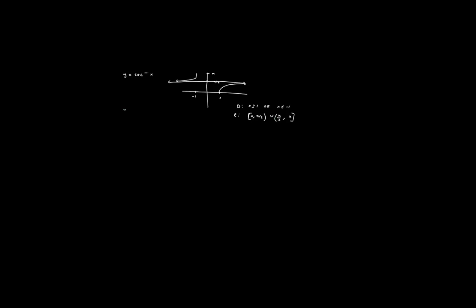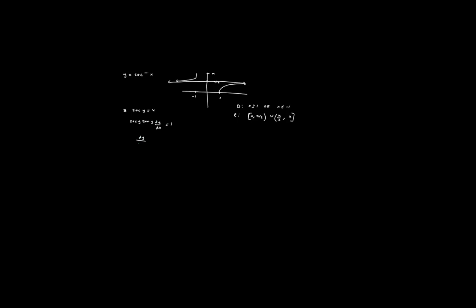So as we did before, we can write secant y is equal to x, right? And then for the derivative, we use implicit differentiation like before, and we get secant y tangent y times dy over dx is equal to 1.